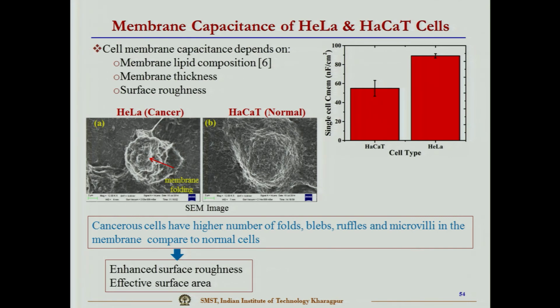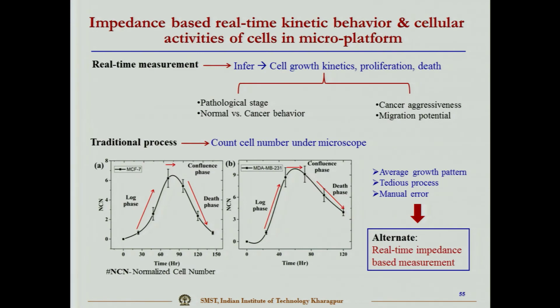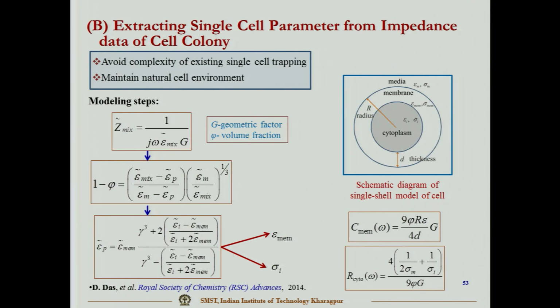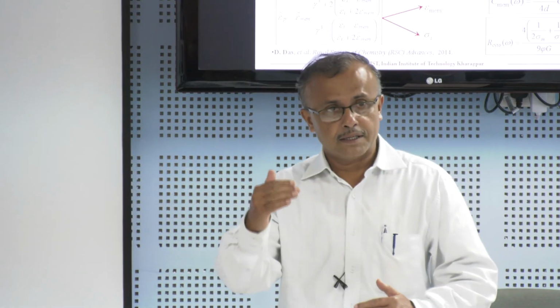Now talking about the resistivity, I have not shown slides, but from this data, this is the cell membrane, and this is the equation for the cytoplasmic resistance value, so you can calculate how it differs. In some studies we have made, we observed that there is a change from normal to malignancy.